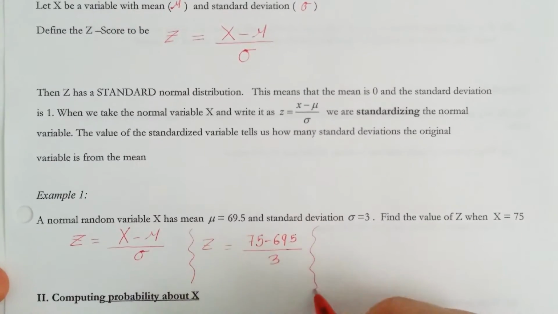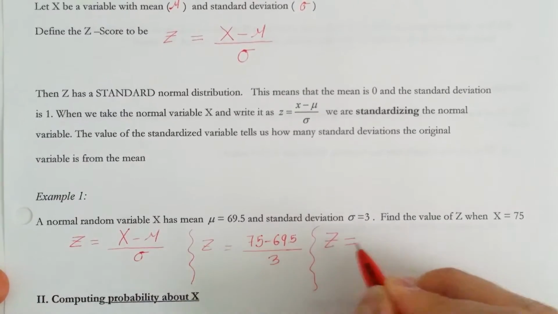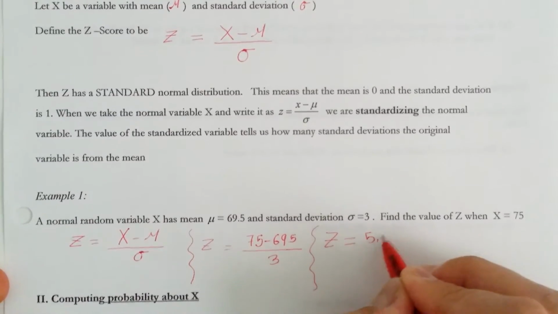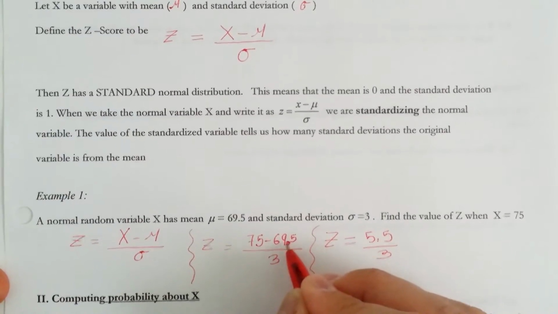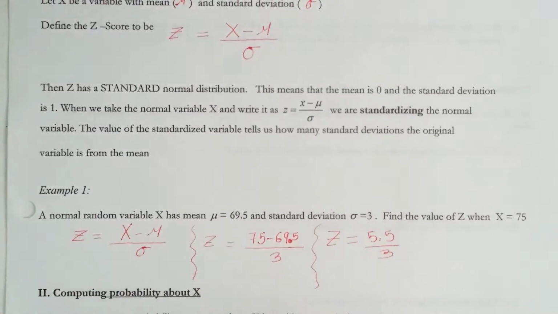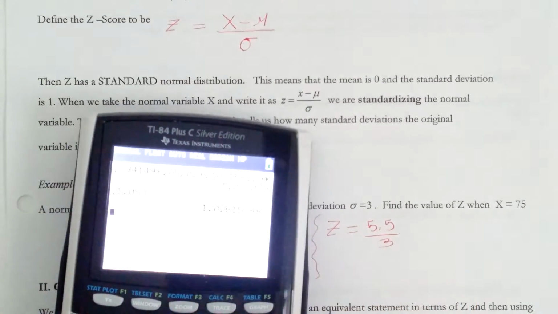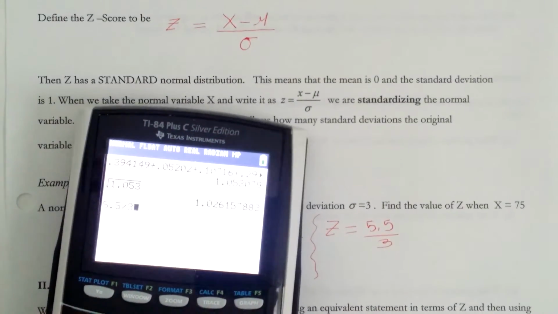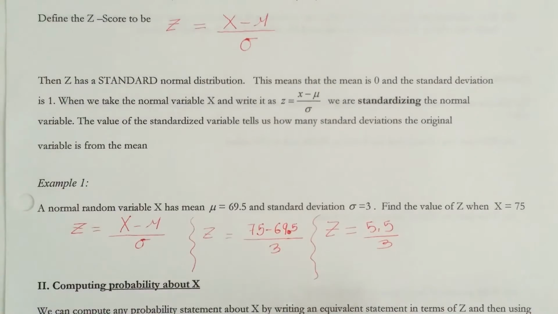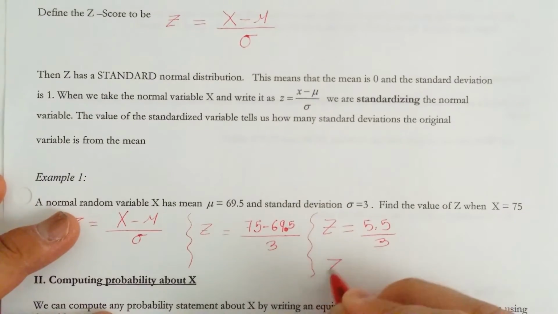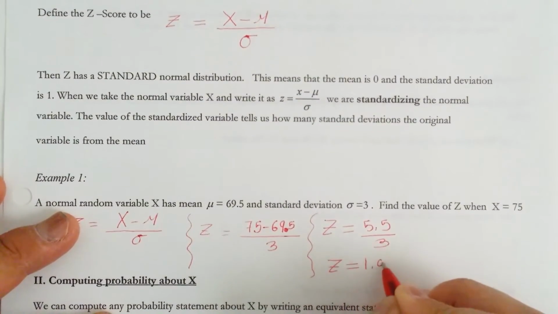That comes out to be 5.5 divided by 3. So we use a calculator and we get 1.83. So the z value is 1.83.